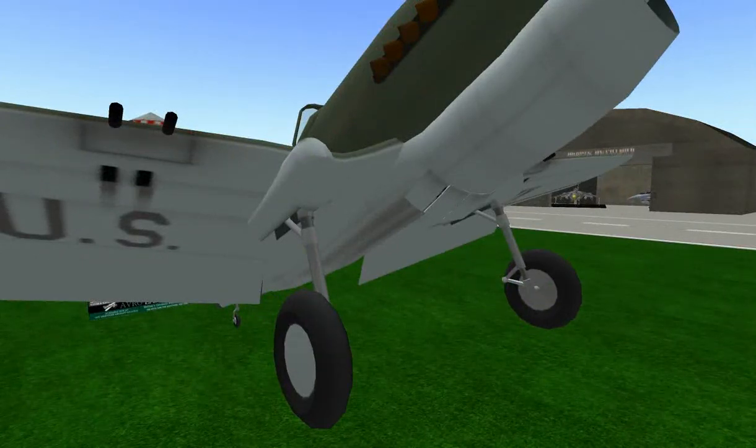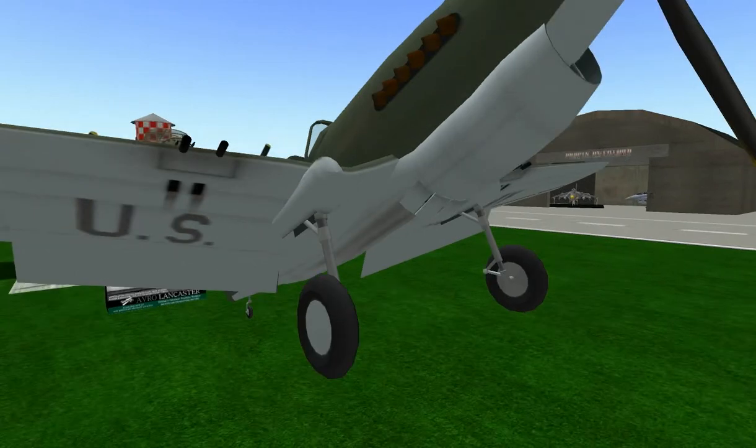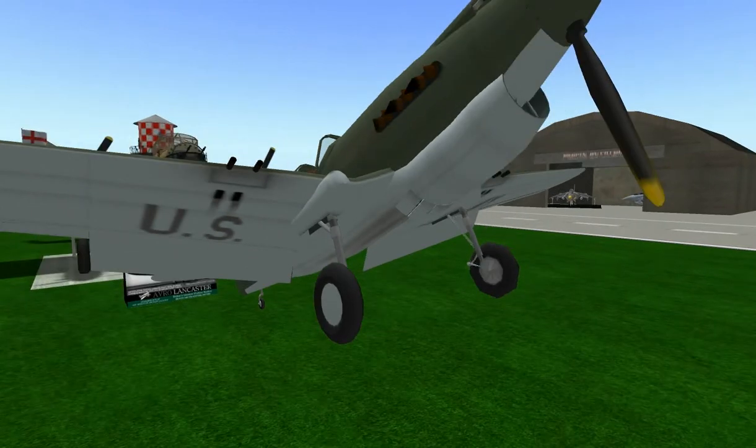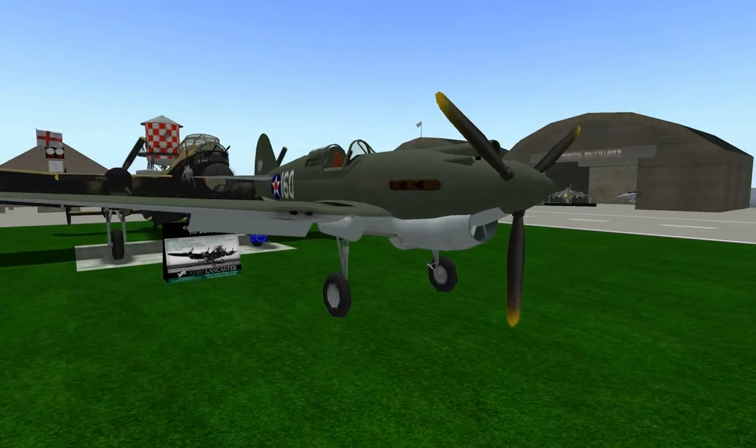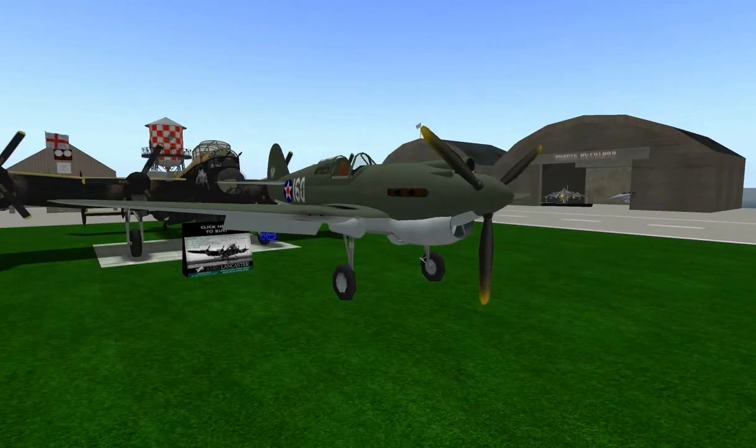So that's why we use flaps, to help us be able to slow down. And also when we have a heavy load for takeoff, or we're trying to take off in a shorter distance, we'll use 10 to 15 degrees flaps for takeoff so that we can get the aircraft airborne a little bit sooner and not have to worry about stalling it out.